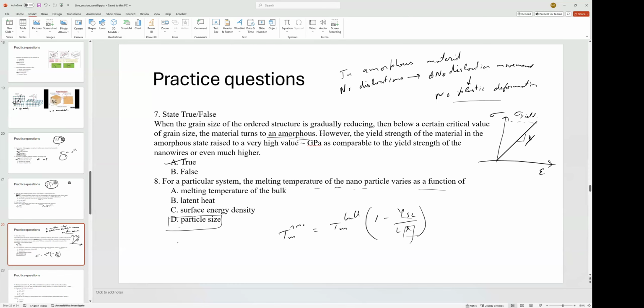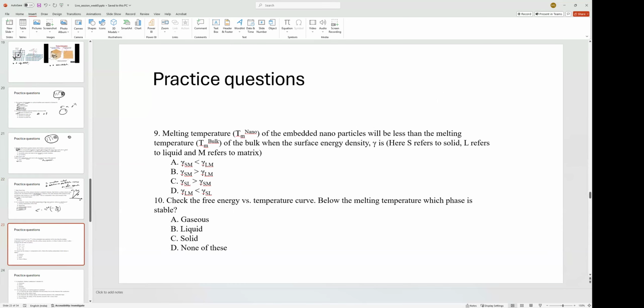The melting temperature Tm nano of the embedded nanoparticle will be less than the melting temperature of bulk.